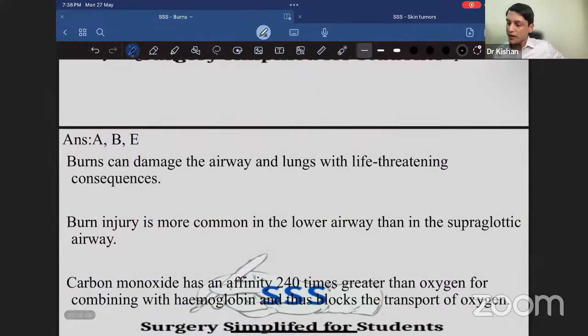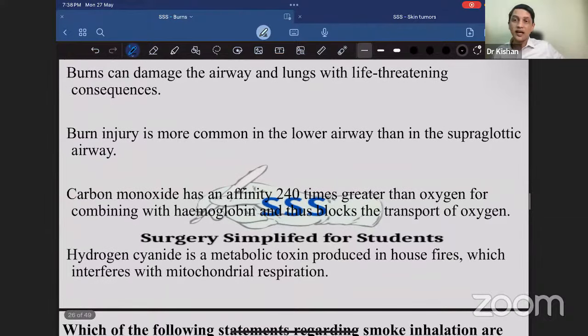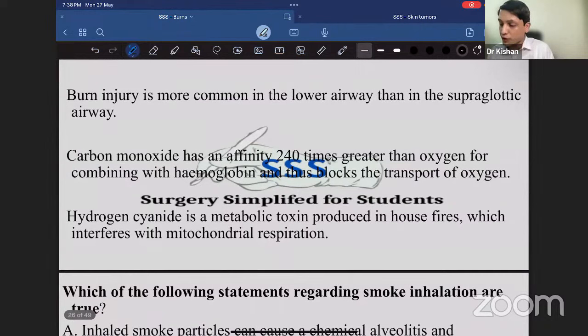Burns can damage the airway and lungs, which is life-threatening. Burn injury is more common in the lower airway than in the supraglottic airway. Carbon monoxide has an affinity 240 times greater than oxygen for combining with hemoglobin, thus blocking the transport of oxygen. Hydrogen cyanide is a metabolic toxin produced by house fires which interferes with the mitochondrial respiration.